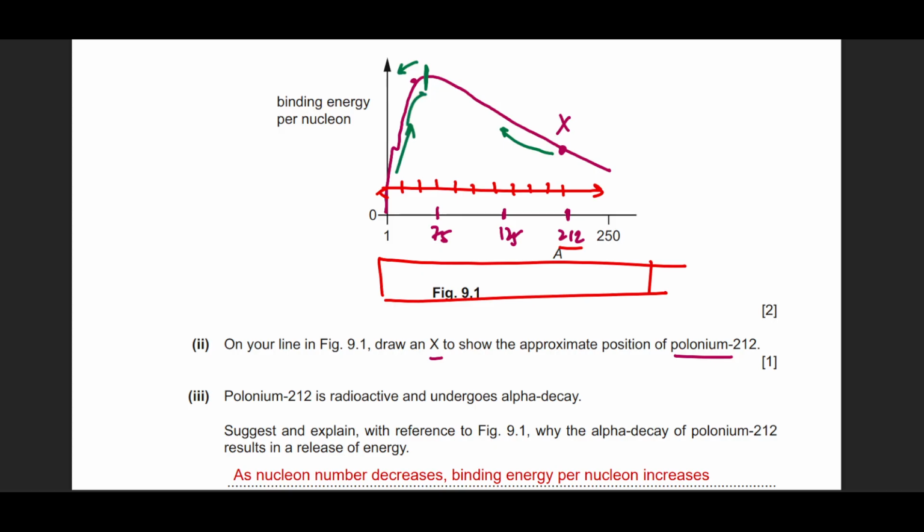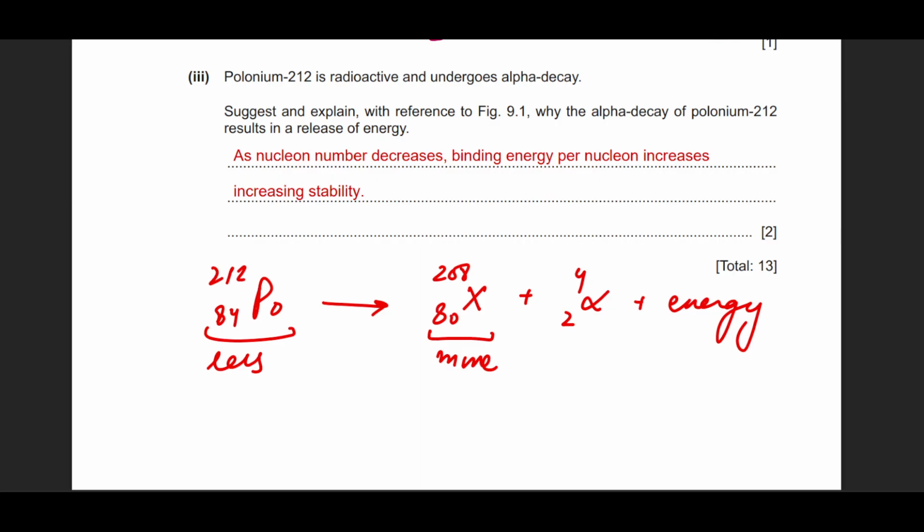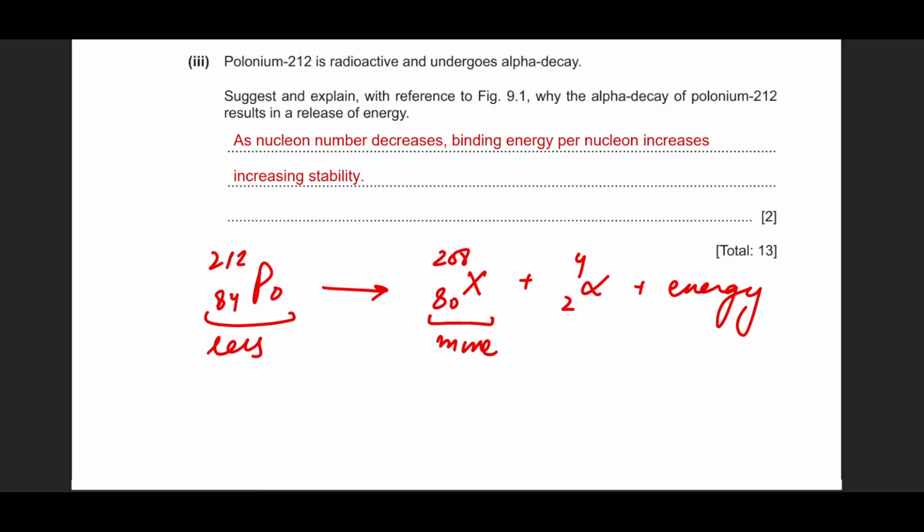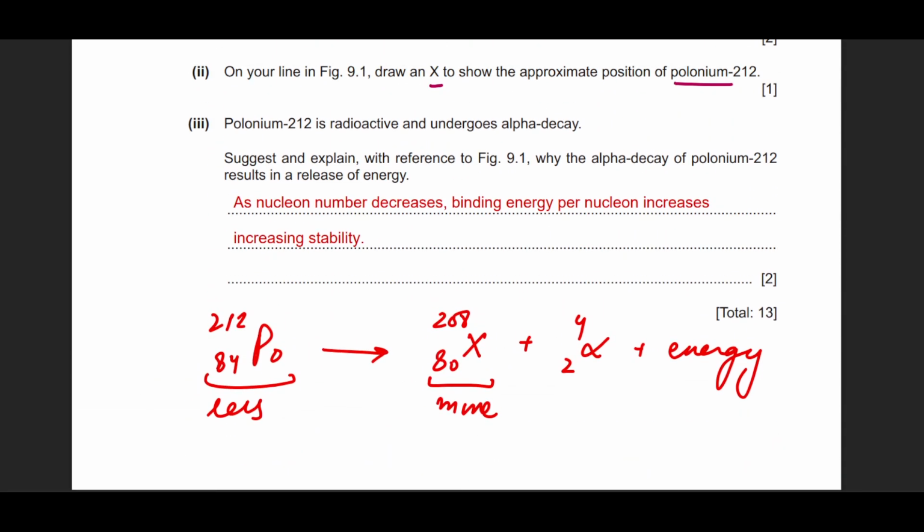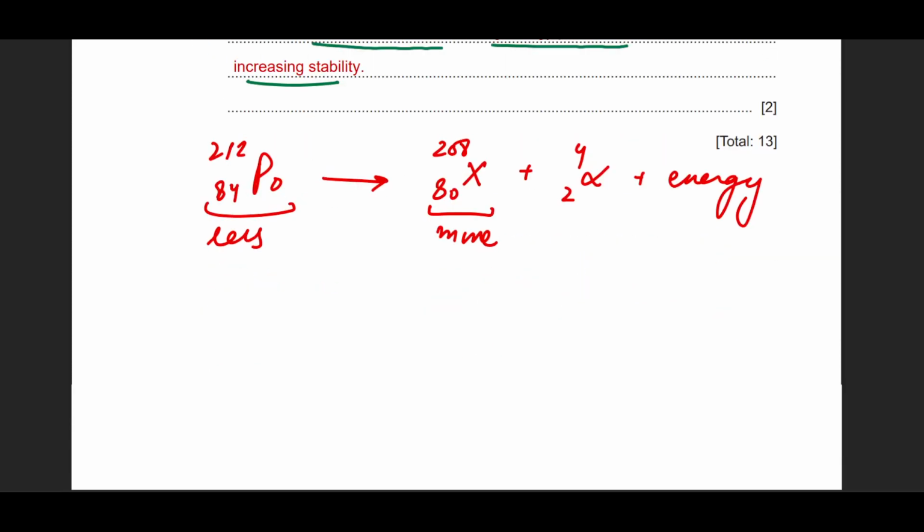Again, they want to become iron because iron has the highest stability, highest binding energy per nucleon. So just like in chemistry, you have gases or elements trying to match the noble gas structure. Over here in nuclear physics, elements are undergoing fission or fusion to become iron, right? Okay. So as the nuclear number decreases, the binding energy per nucleon increases, which increases the stability. This is what we've discussed over here, right?